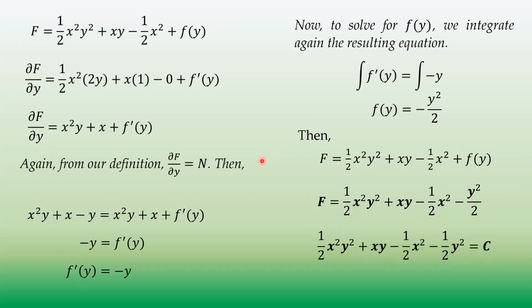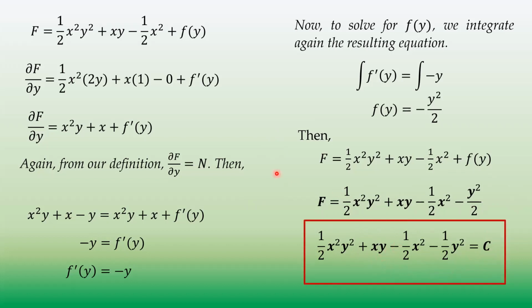Di ba sabi kanina, the function f of xy is equal to c, the corresponding solution of the exact differential equation. So pag nakuha mo na yung f, yung buong katumbas ng f, equal na yan sa constant c.